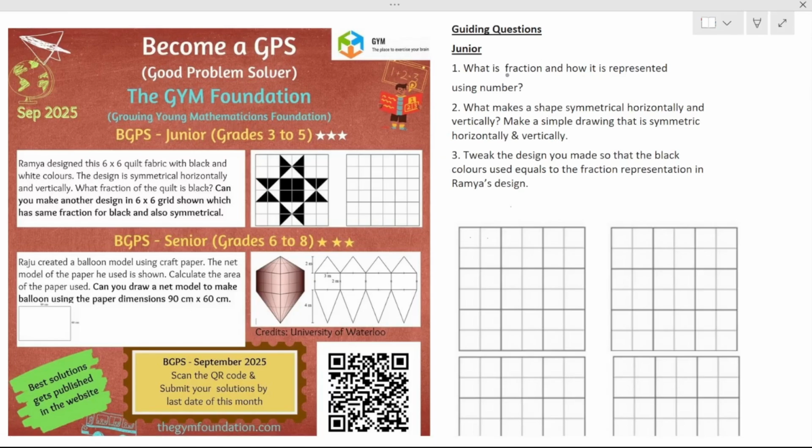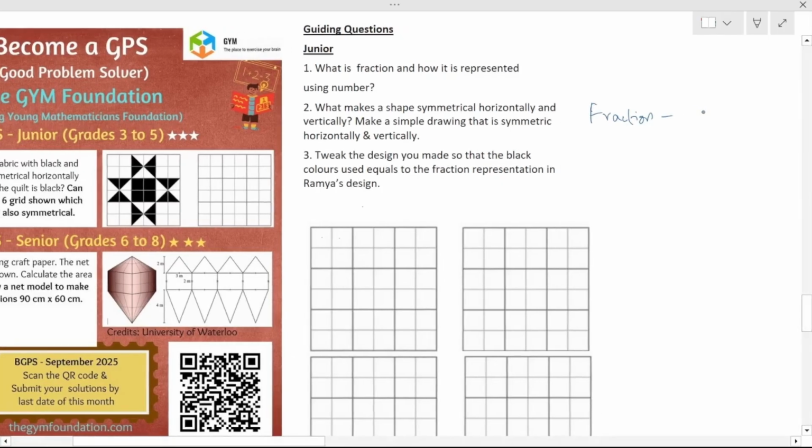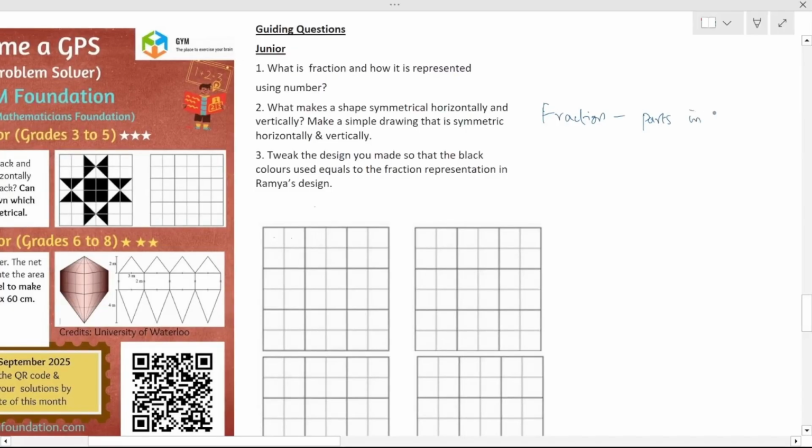So what is a fraction? A fraction is a concept used to represent a part of one whole. In counting numbers, we use whole numbers, whereas a fraction is used to represent parts of one whole or many wholes. What is very important is that the parts should be equal.